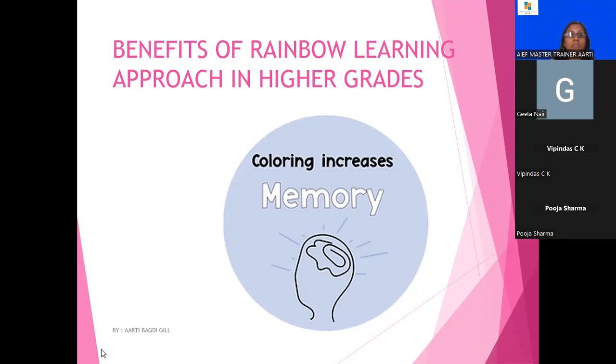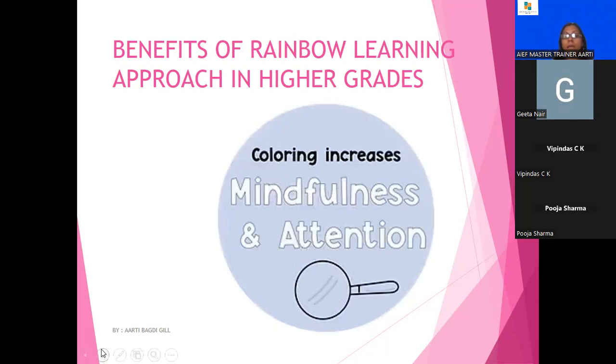Let's move on to the next one. It is increasing the mindfulness and attention. We had already talked about it, and just putting it in a nutshell, yes, attention is something which I as an educator look forward to in the classroom. If I have 20 in my classroom, definitely I feel that if I am talking in front of them, they should give me that much attention.